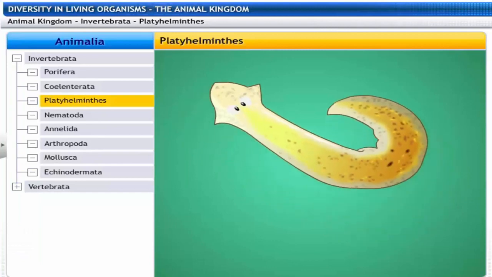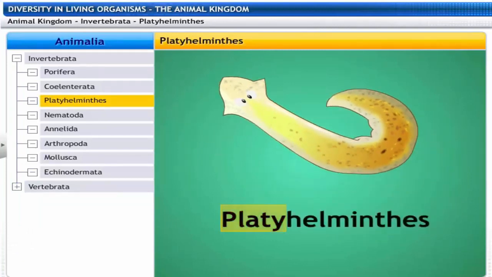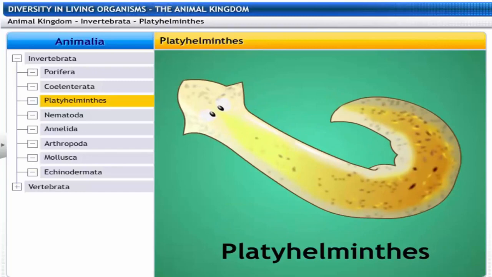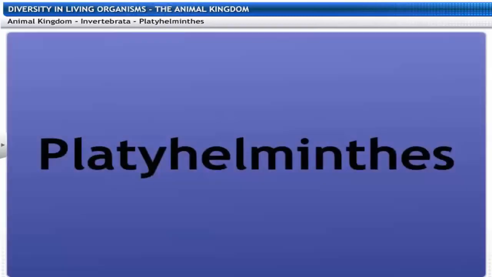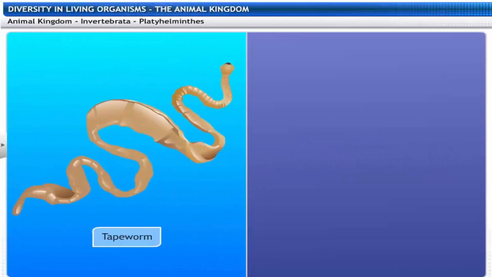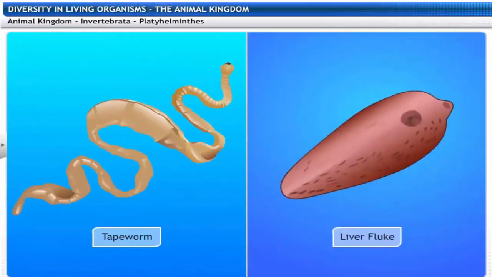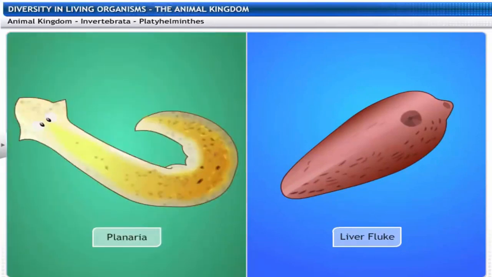Platyhelminthes get their name from two Greek words, platy meaning flat and helminth meaning worm. The phylum Platyhelminthes includes tapeworm and liver fluke. Platyhelminthes are either free-living or parasitic.